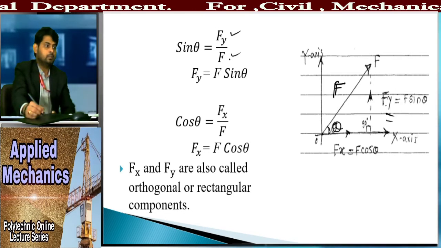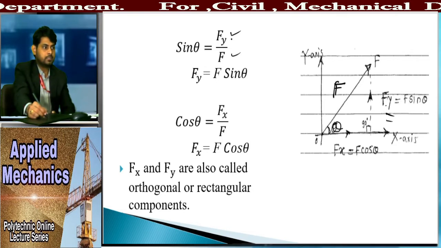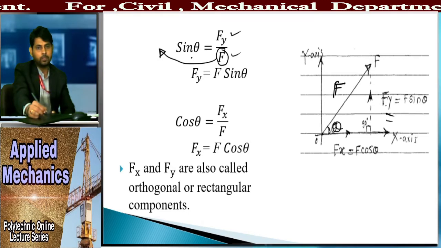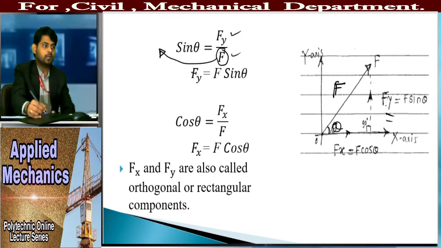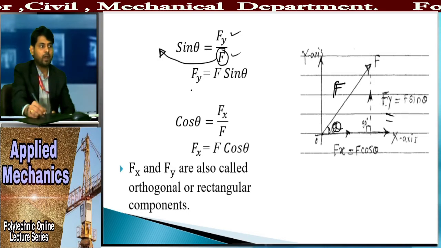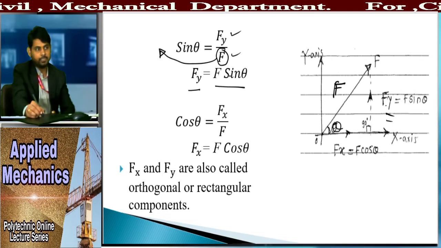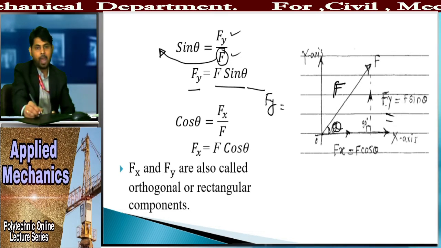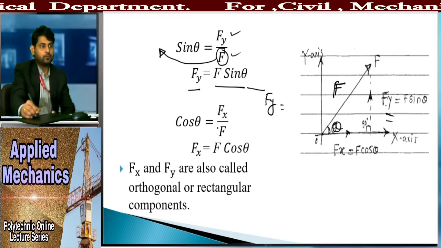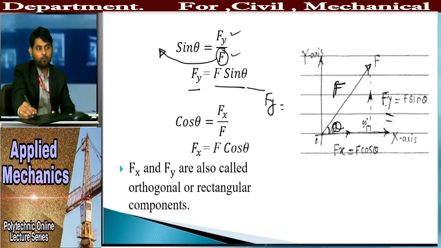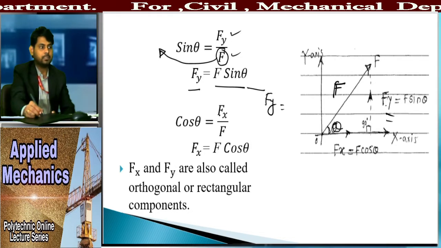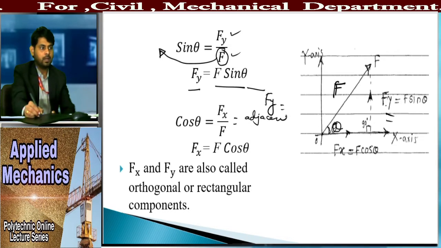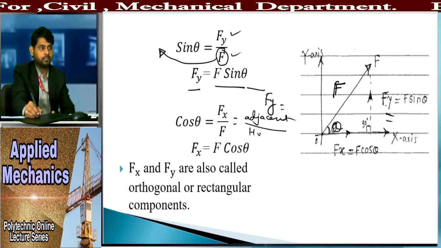Now we can shift this F to the left side of the equal sign, and it goes into the numerator. So Fy is equal to F sin theta. This is the value of Fy, the vertical component. After that, cos theta is equal to adjacent side divided by hypotenuse.